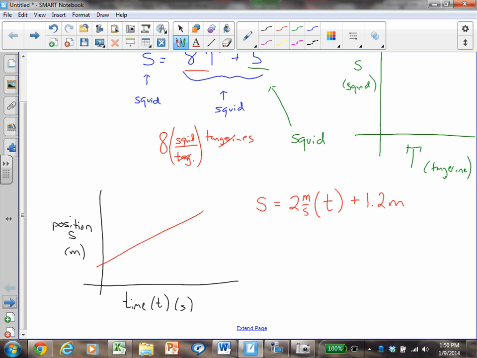So here, instead of squids over tangerine, the units on the slope are what? Meters over seconds, which makes sense because it's going to cancel the seconds that you put in here and leave you with meters, right? And then this is meters over here.